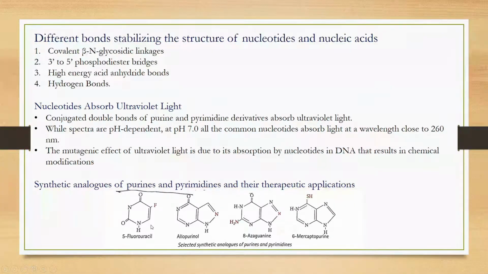Then 5-fluorouracil, 8-azaguanine, and 6-mercaptopurine, with the sulfhydryl group, the mercapto group. These are incorporated into DNA just before cell division, and that blocks cell proliferation, and that's why they are used as anti-cancer agents.